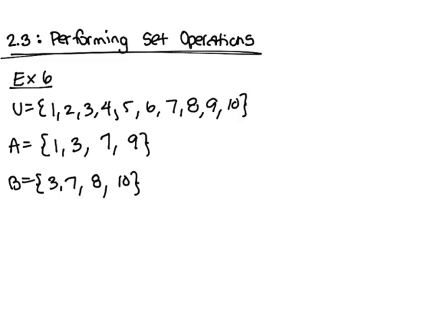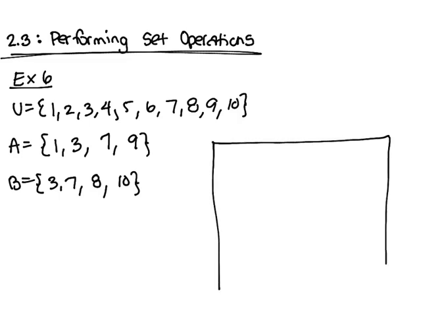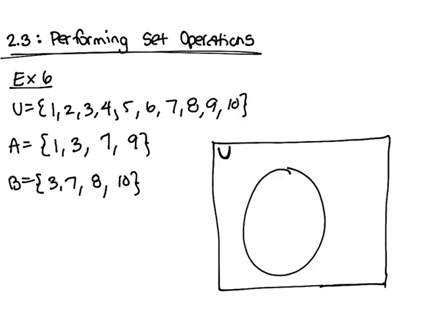Okay. So over here, I'm going to draw my Venn. Universe. And you know we got to have 2 circles. A and B. And you see I made them touch because I hope that you noticed when you looked at set A and set B in roster method, there's some numbers that are shared.